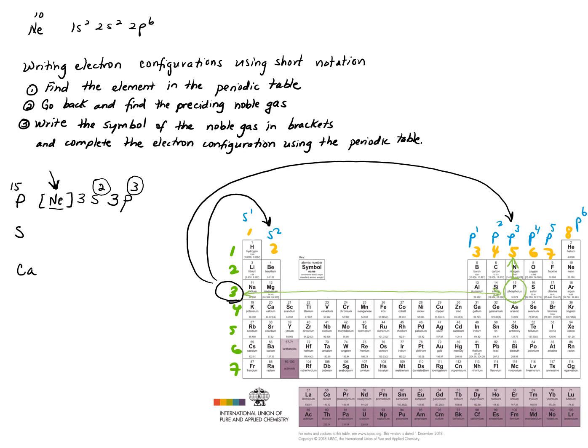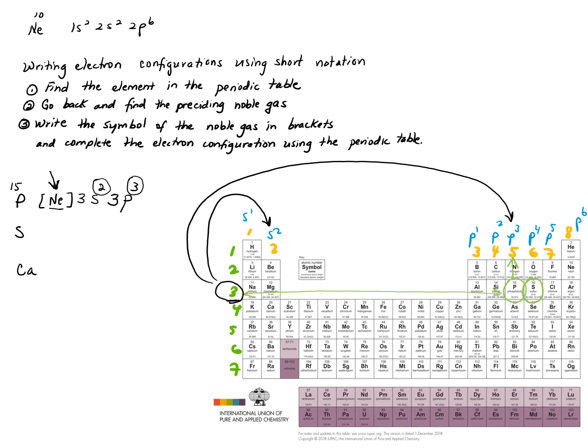Whenever you're writing the electron configuration, it's very important that you actually check that the number of electrons that you're writing in your electron configuration is the same as the total number of electrons that you have. So let's do S using the short notation. S is right next to P on the periodic table. It's element number 16.